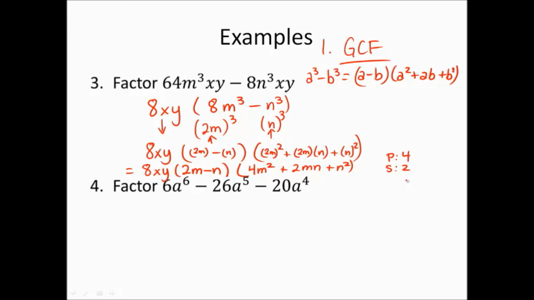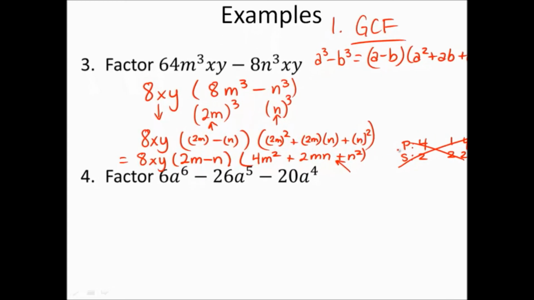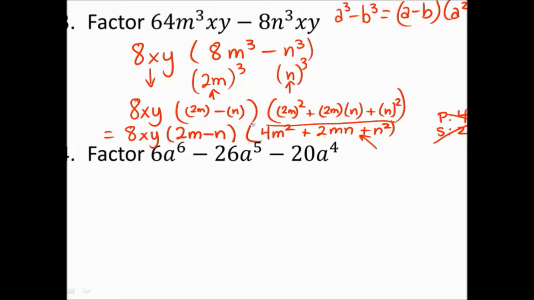So we need two numbers that multiply to 4 and add up to 2. So 1 times 4, 2 times 2, do either of those add up to 2? No, they don't. Therefore, this in fact is a prime polynomial, so it can't go any further. But it's always good to check, because sometimes it could be. So that's as far as we can go with that example.